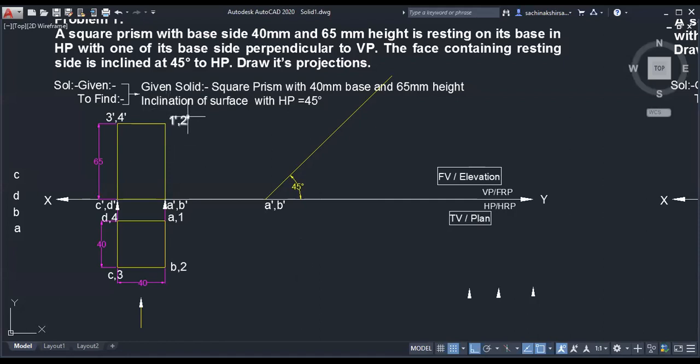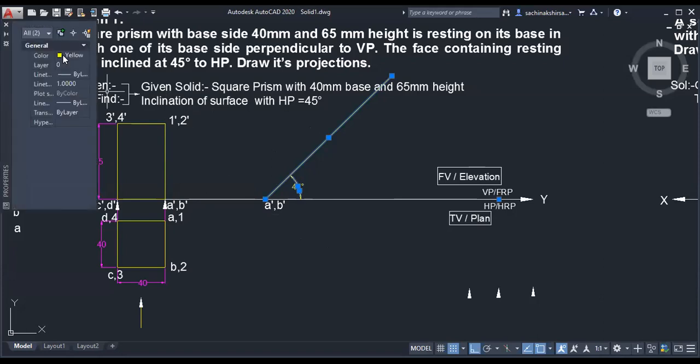Now the remaining points we have to locate. So where will the points 1 dash, 2 dash be on this 45 degree line? 65 mm. 65 mm distance. Very good. It will be at a distance of 65 mm. Look at that point.